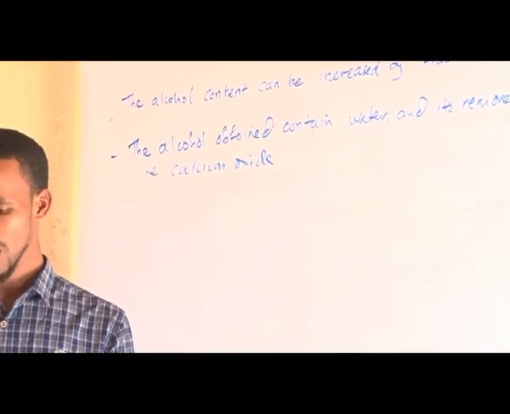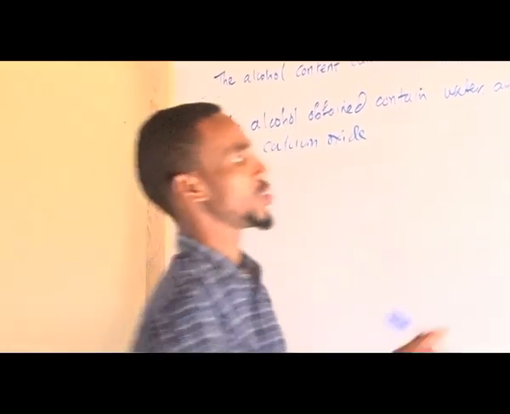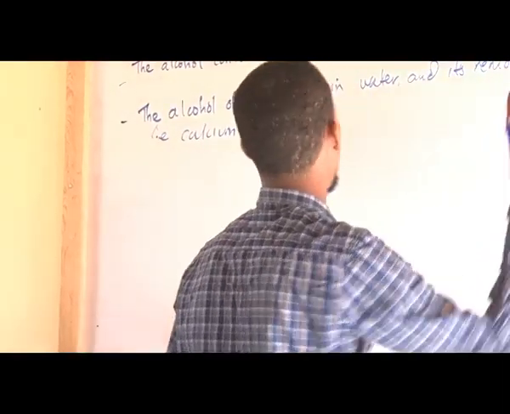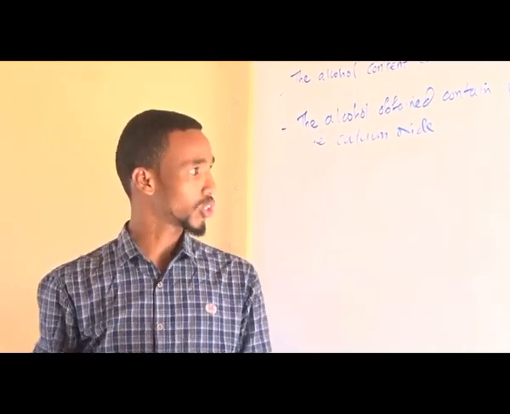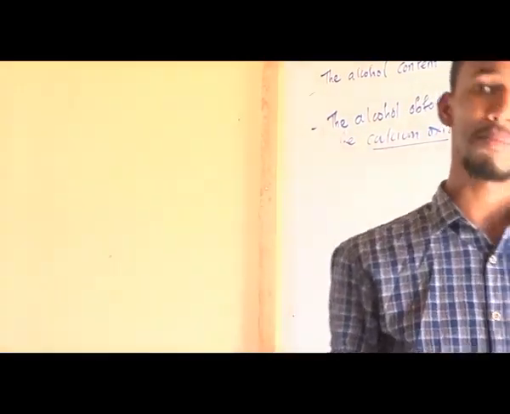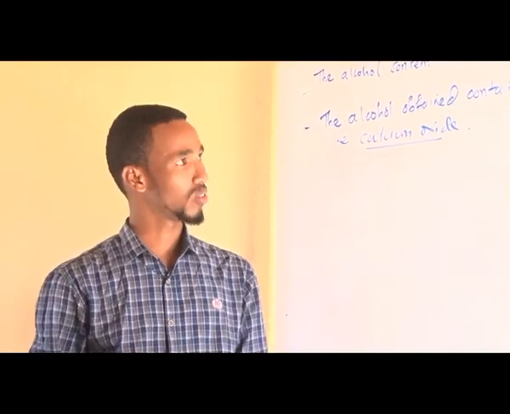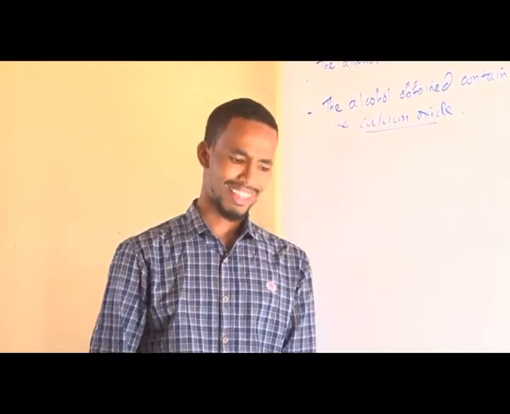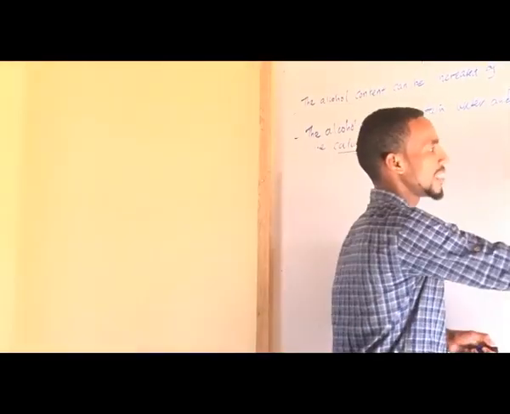It is used as a drying agent. And the suitable drying agent that you use here is what? Calcium oxide. Remember calcium oxide? We have used to dry ammonia gas. Now, that is the first preparation of ethanol. What do we say? Fermentation process.